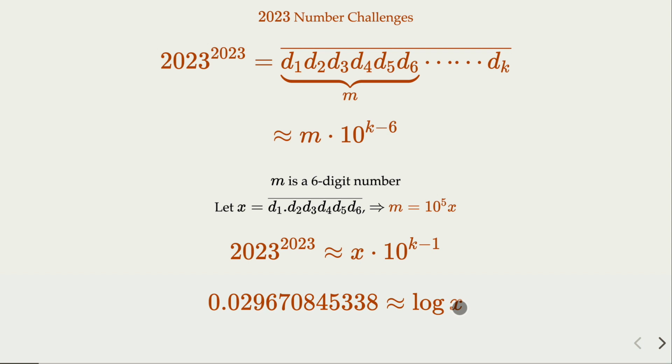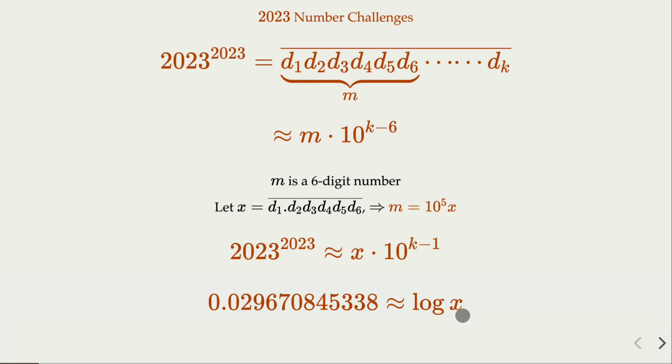So what is x? We need to find x, because if we do, then we know m. m is just these digits here, and we need to find x with good precision. We at least want to be correct in the first 6 digits, right? If you go back to x, that would mean we have to be very close to the true value of x, such that log x equals this.